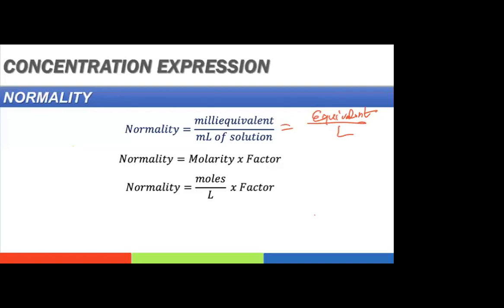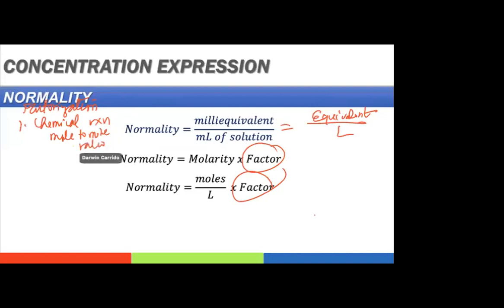Sir, paano ngayon yung factor? How do we get factor? Naturuan ba kayo sa QC1 ninyo paano mag-factorization? It depends on the chemical reaction. Yung mole-to-mole ratio of reactant and product.